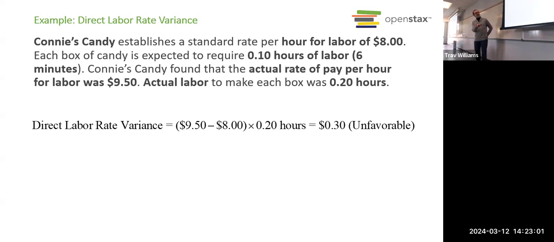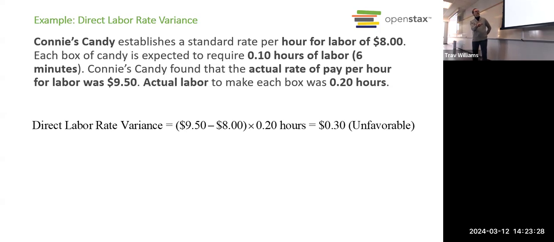So we take the difference between the actual rate and the standard rate, which is $1.50, multiply it by, let me think, the actual quantity, which is, where is it? Ah, it's over here. The actual labor is 0.2 hours, right?